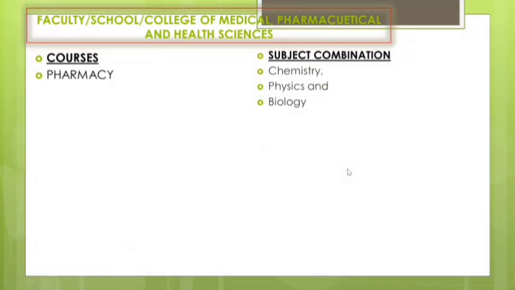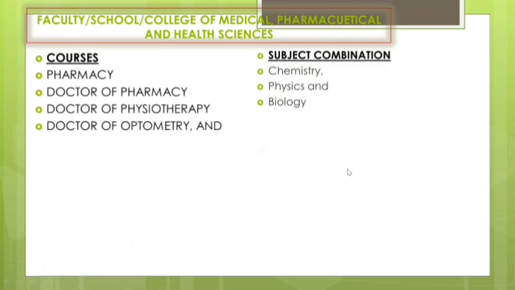Are you a candidate applying for pharmacy, doctor of pharmacy, doctor of physiotherapy, doctor of optometry, and pharmaceutical sciences? Your JAMB subject combination include chemistry, physics, and biology, in addition to the use of English that is compulsory for all candidates.